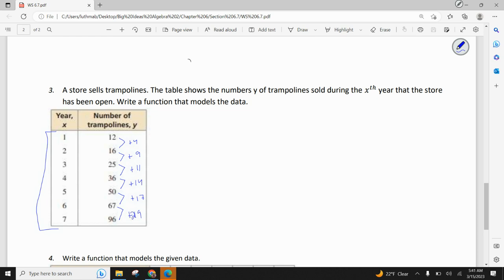No. 29. No. 39. 29. 29. Let's see. 96 minus 67. Sorry, my brain ain't quite working yet. +29. So it's not linear. +5, +2. It's not quadratic. Second differences are not the same.